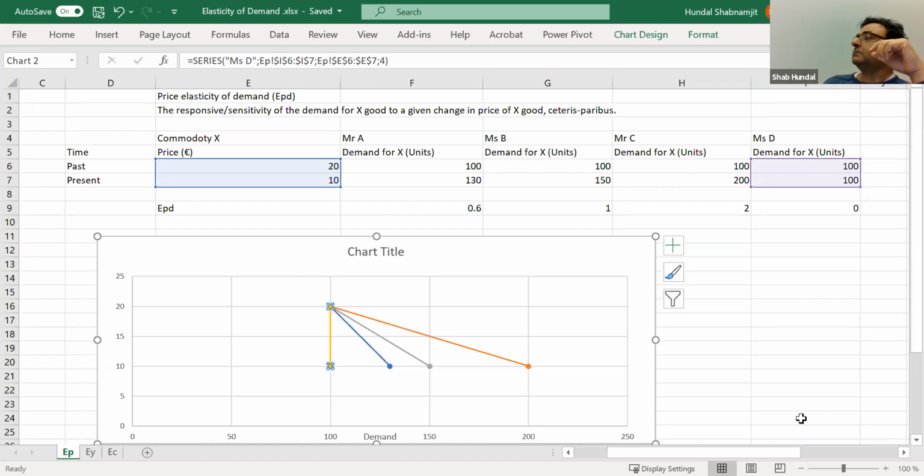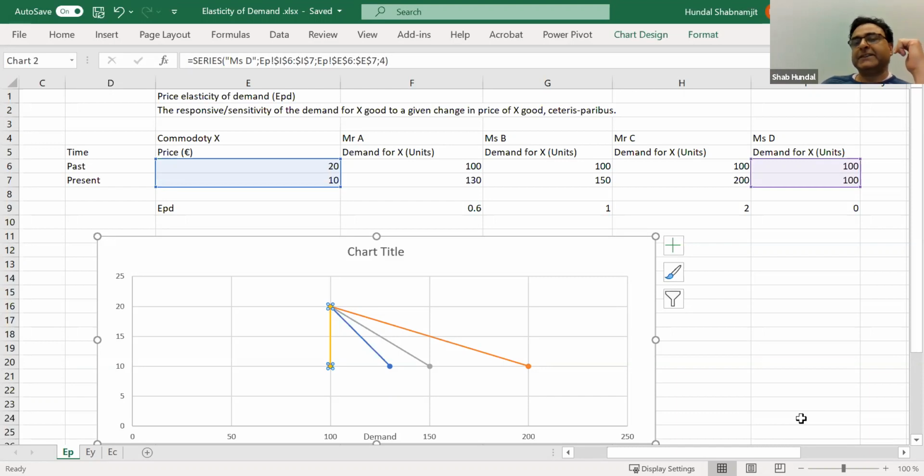It means that if I'm a seller of this commodity X, listen carefully. If I'm a seller of this commodity X, why am I lowering the price? Well, I'm lowering the price in the hope that consumers will buy more, and maybe all the stock I have in my warehouse would be demanded and consumed.